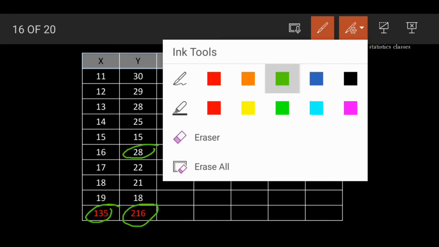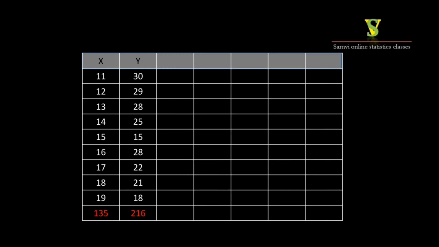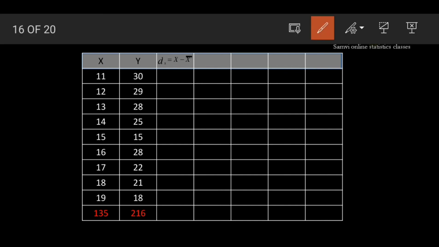So the next step is finding dx and dy. dx is nothing but x minus x bar. Here x bar is 15. So how to find dx? x is 11 and x bar is 15.